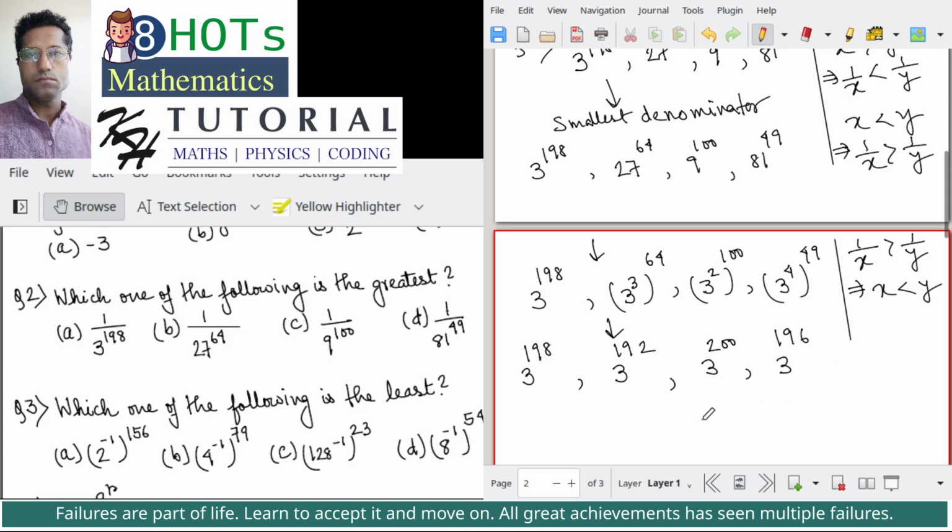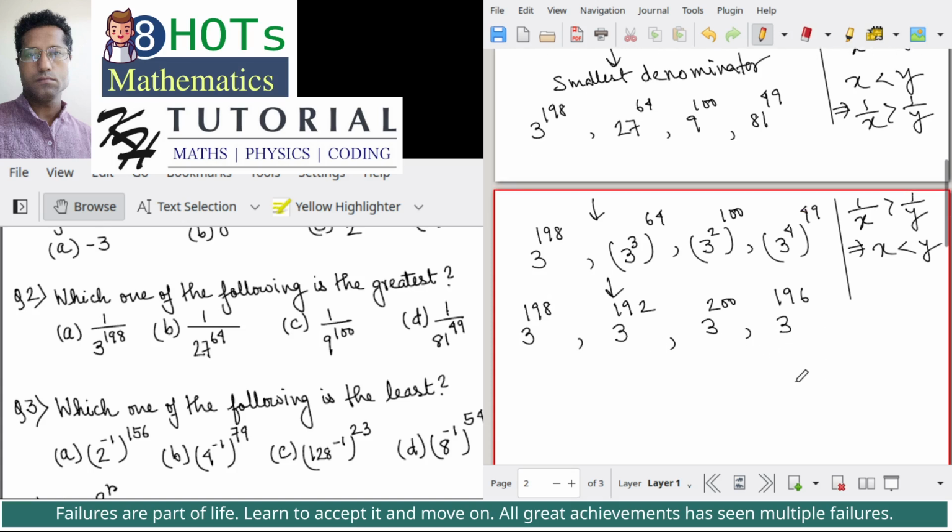So now we are finding the smallest of these numbers, and we can see all these numbers have the common base 3. So we can now clearly compare the powers. The number having the smallest power will be the smallest number.